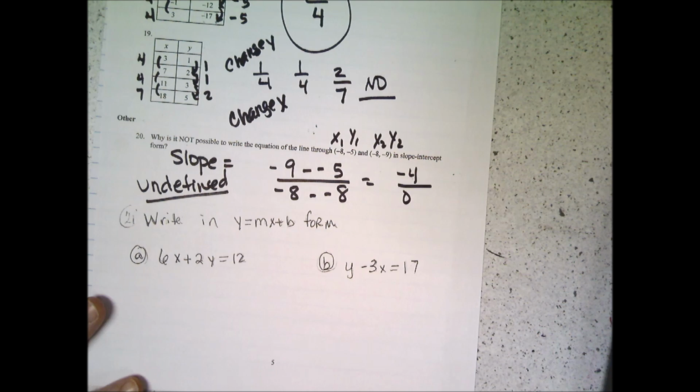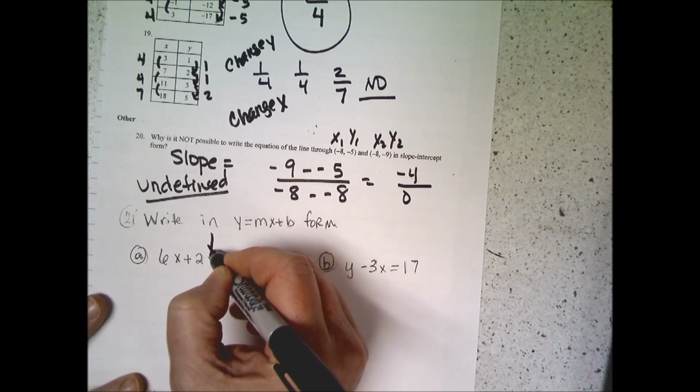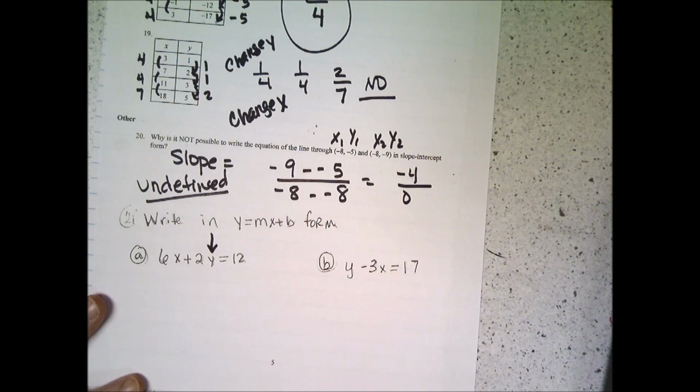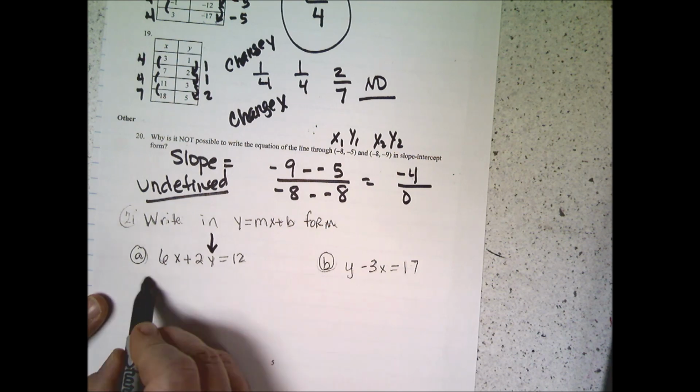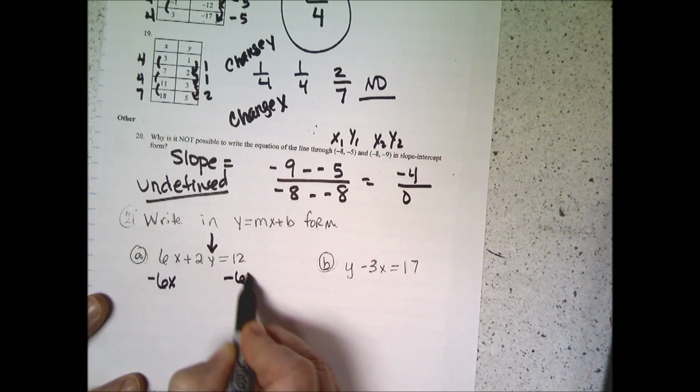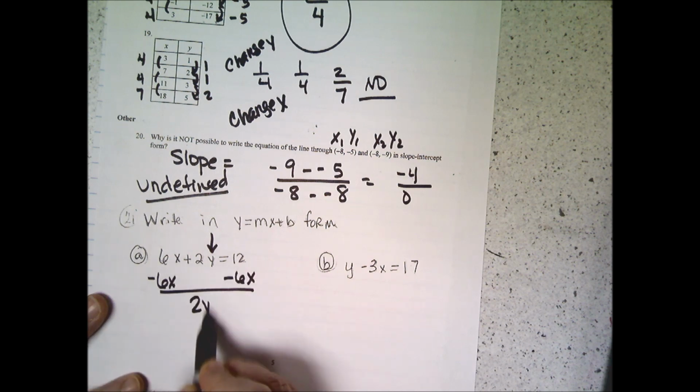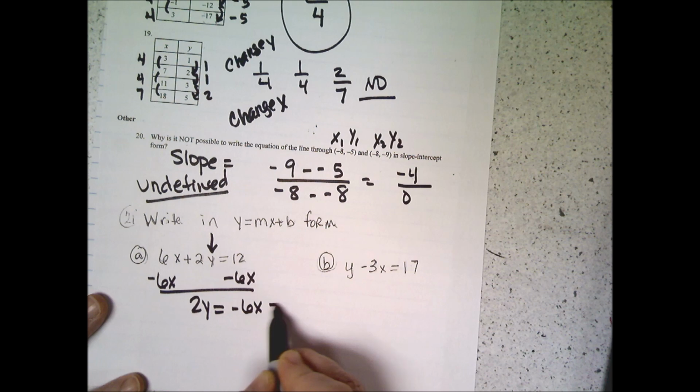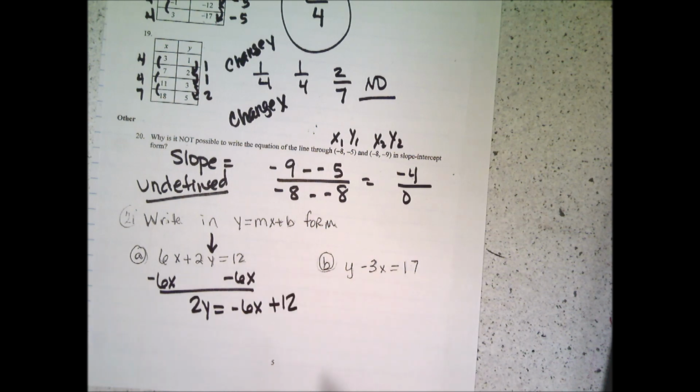Last two. What do you do to solve for y? So 2y equals -6x plus 12. Okay. What next? Got to get y all alone.